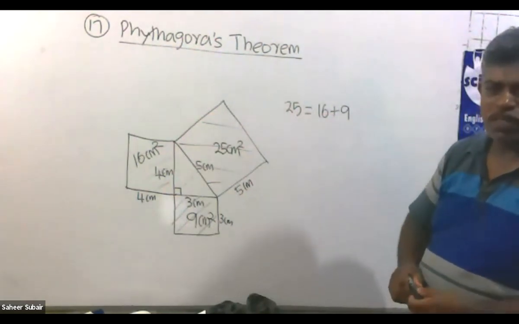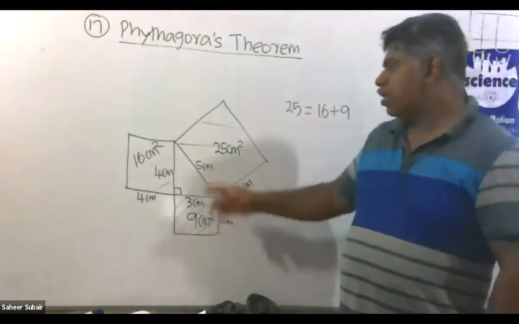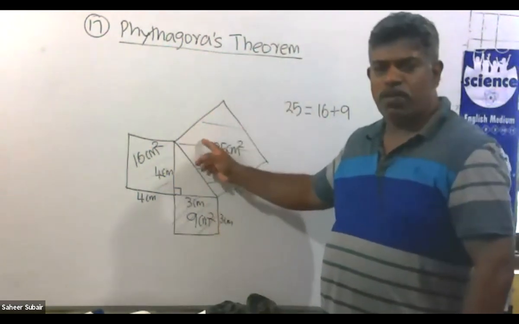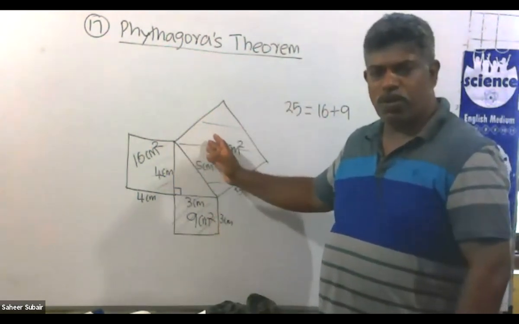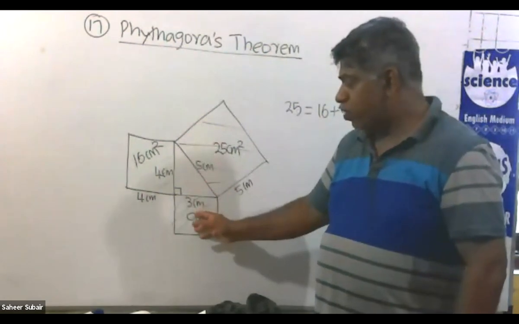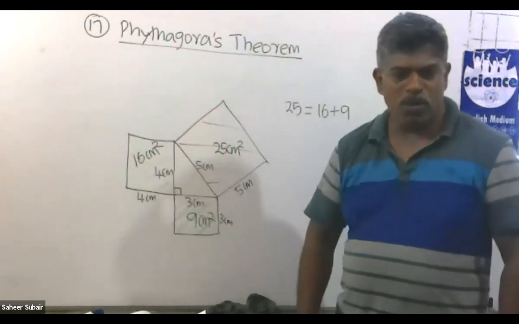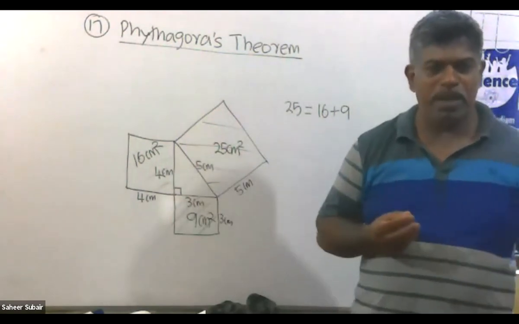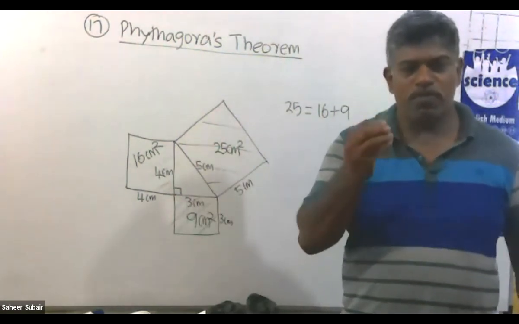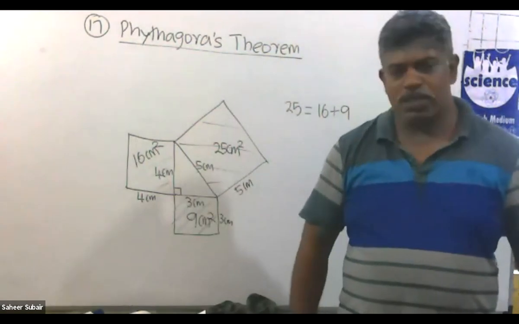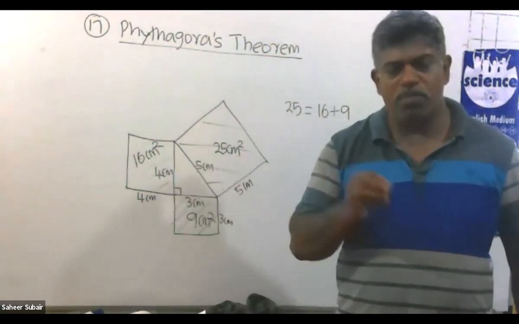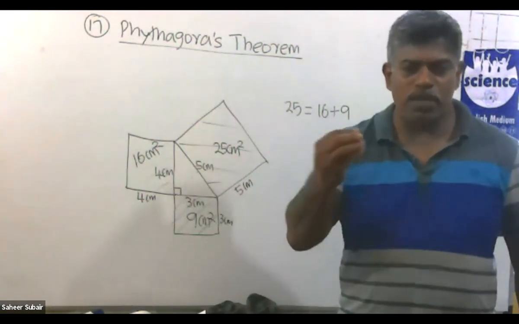So what is the result we are getting? The area of the square found on the hypotenuse is equal to the sum of the areas of the other two squares. So the area of the square of the hypotenuse is equal to the sum of the squares of the other two sides.